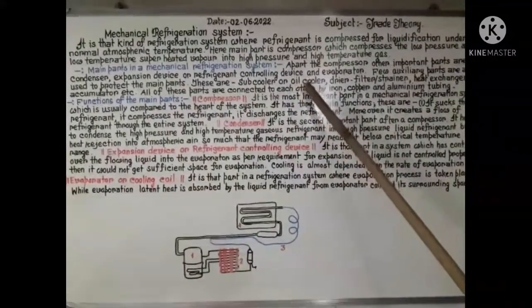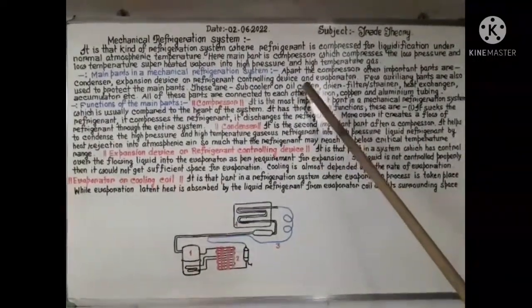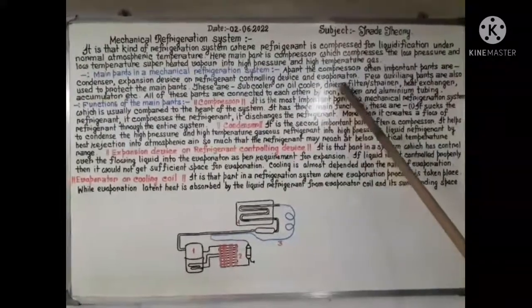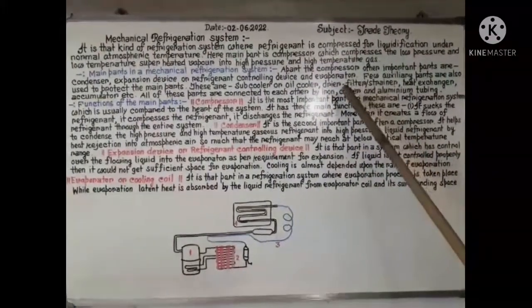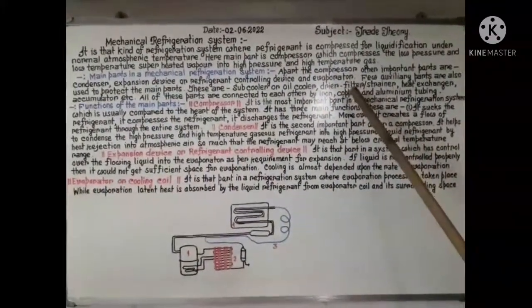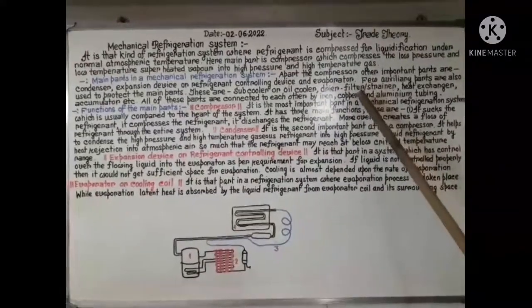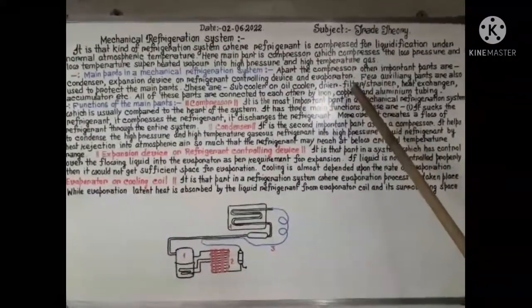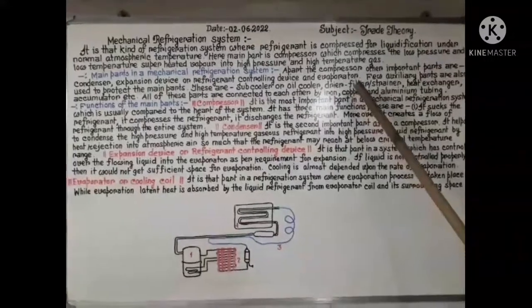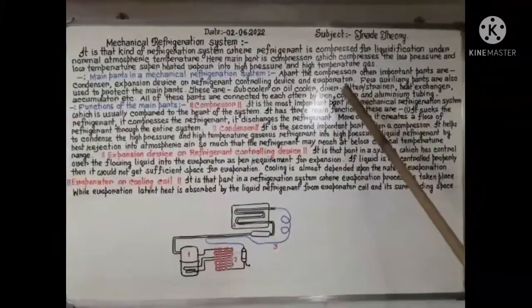The subcooler or oil cooler reduces the temperature of the oil in the compressor. The dryer and filter remove dust particles, foreign particles or carbon particles from the refrigerant, if the refrigerant brings them from any part in the system.